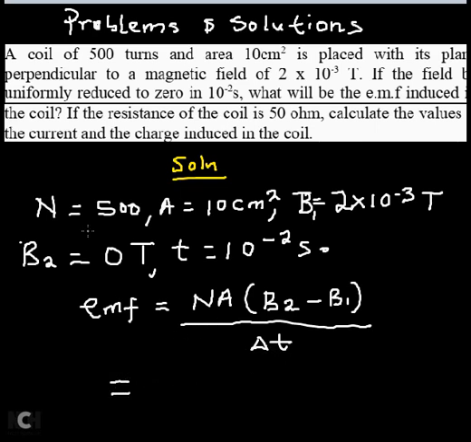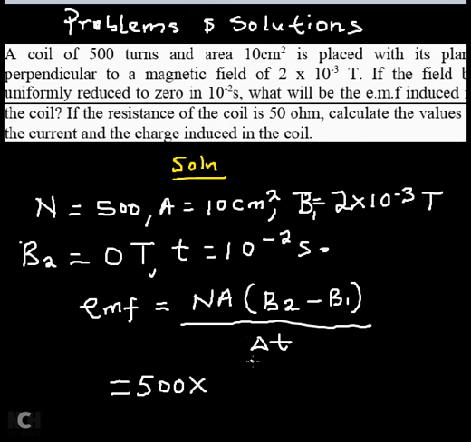So the total number of turns is 500, and here the area is 10 centimeter square. You need to convert the cm square.